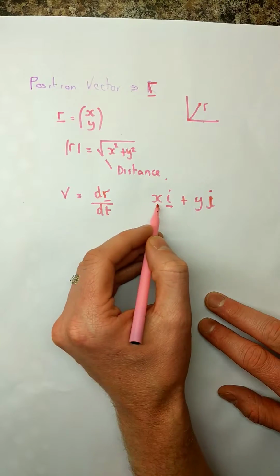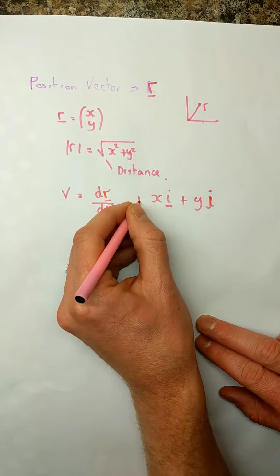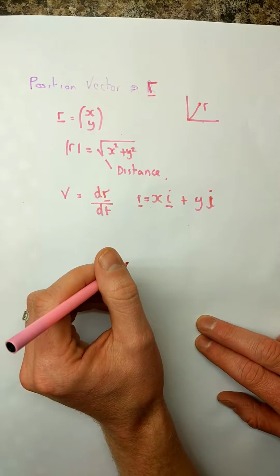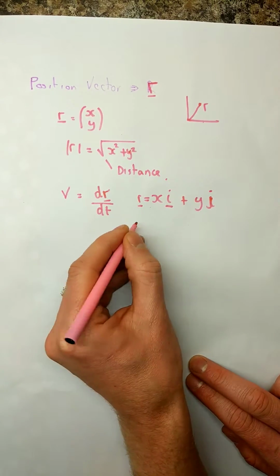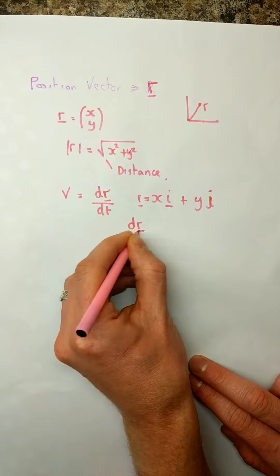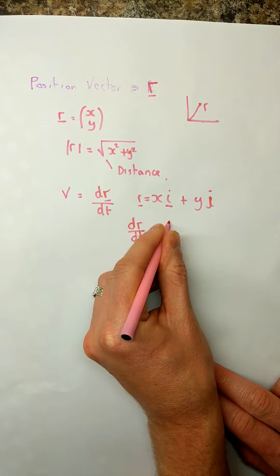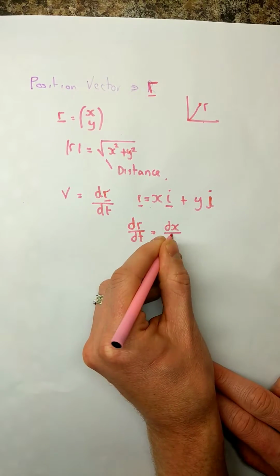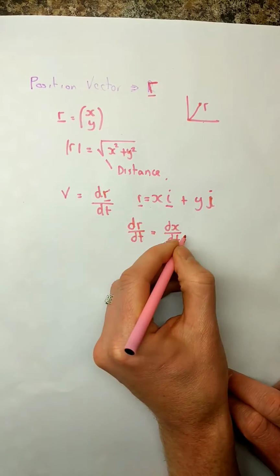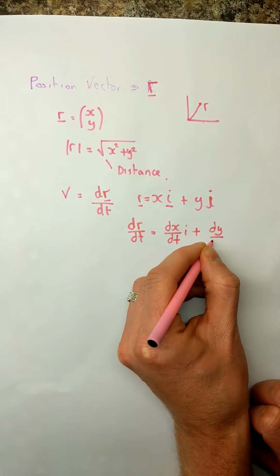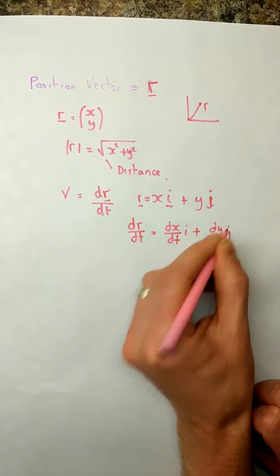If we differentiate this position vector, we get the velocity, which means that dr by dt is equal to dx by dt in the i direction plus dy by dt in the j direction.